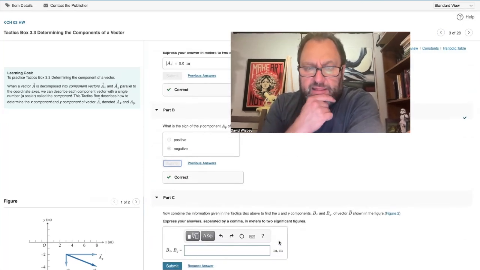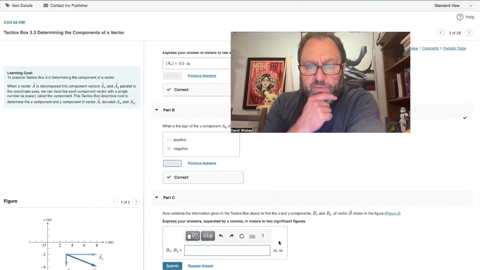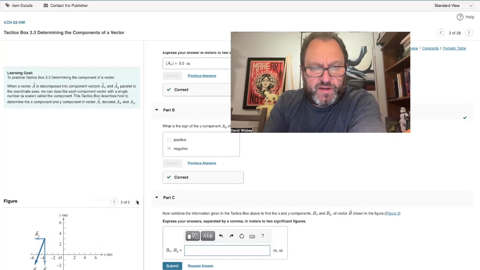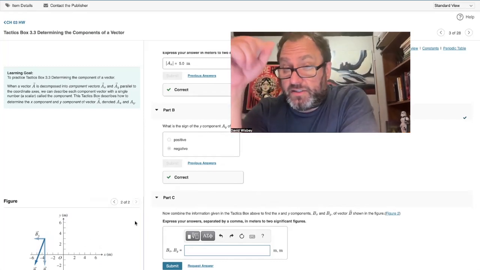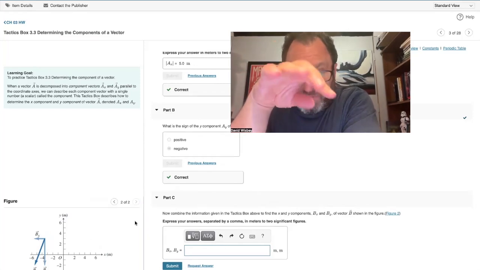Now combine the information given in the tactics box above to find the X and Y components, BX and BY, as shown in figure 2. Oh, there's a figure 2 here. I did not see figure 2. That was sneaky. There's a little tab there.